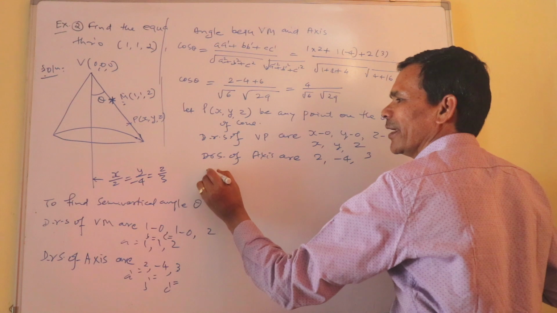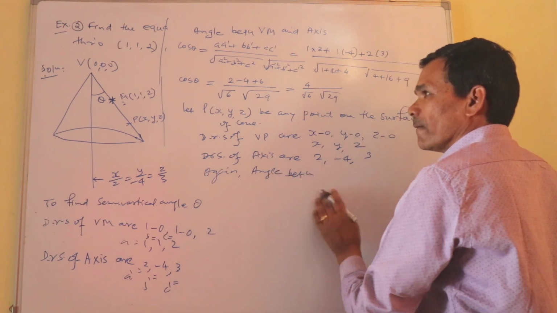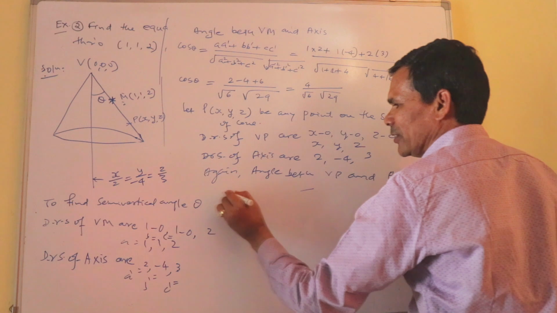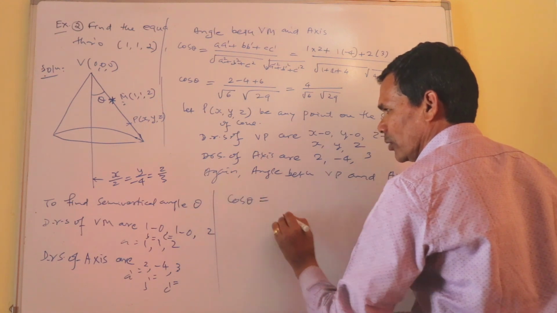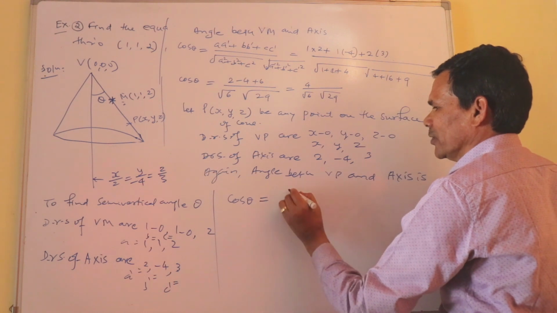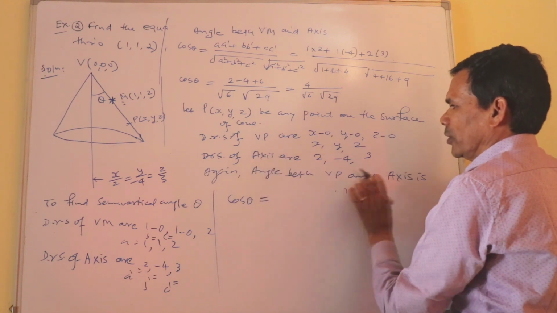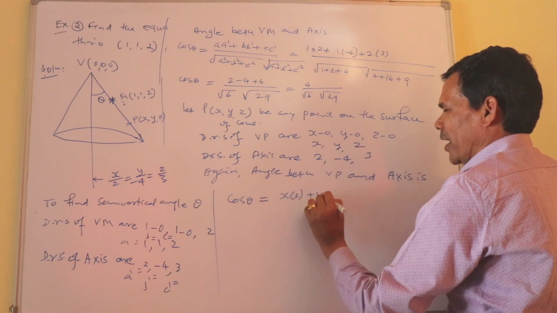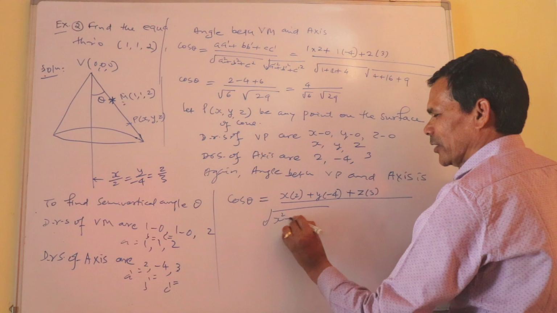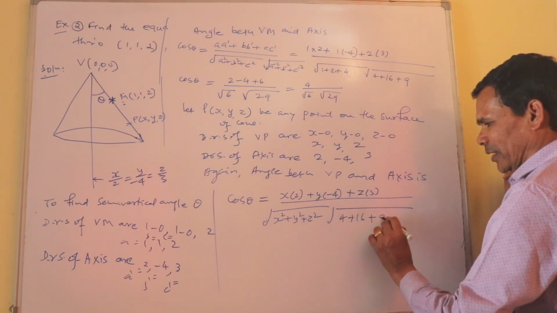Again using the angle between VP and axis, cos theta is equal to the same formula: x into 2 plus y into minus 4 plus z into 3, divided by the root of x square plus y square plus z square, and the root of 4 plus 16 plus 9.